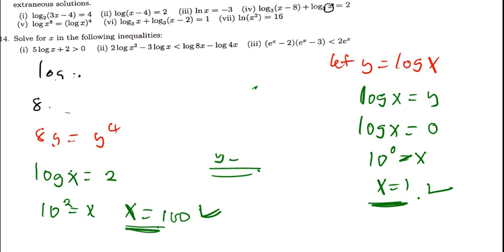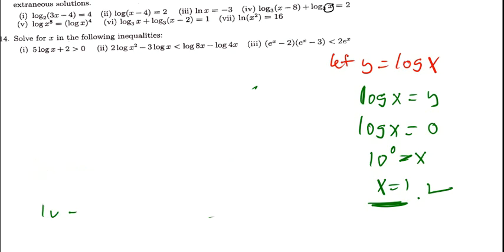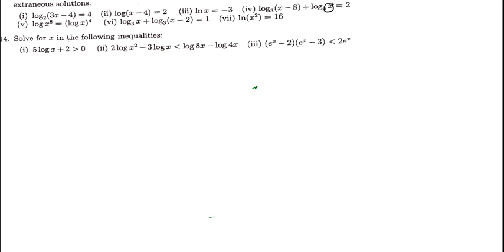Now we can go further and talk about this other question, question 5, which is saying log base 3 of x plus log base 3 of x minus 2 is equal to 1.